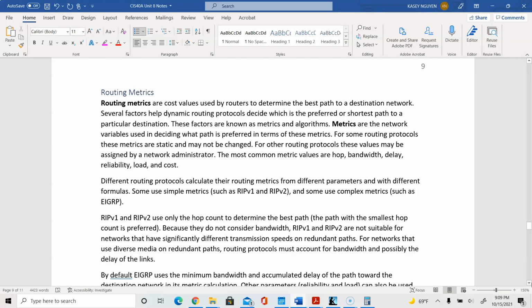Now here it talks about RIP version 1 and 2. It's not suitable for networks that have a lot of transmission and have no redundancy path.